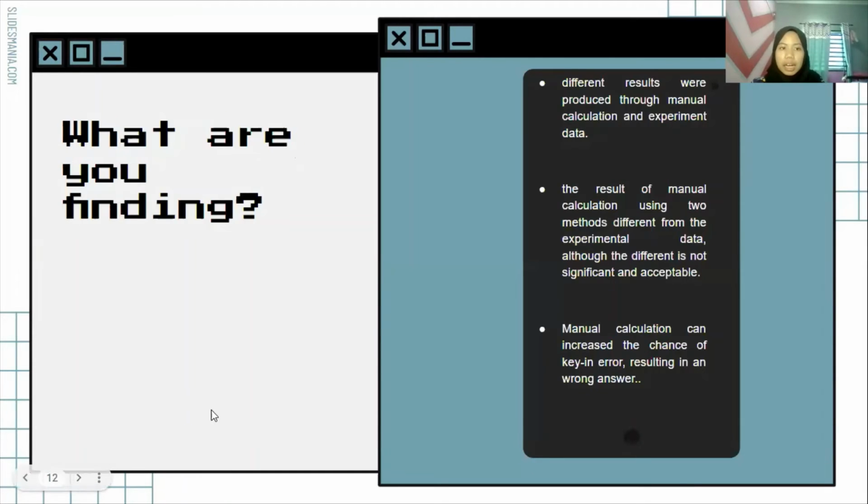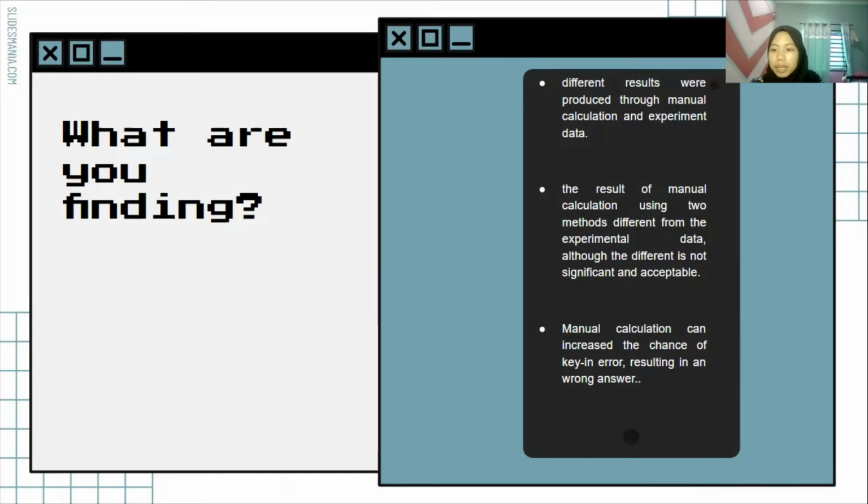What are we finding? After considering all of the results, we can conclude that different results were produced through manual calculation and experiment data. Furthermore, we can see the calculations using the two methods differ from the experiment data, although slightly, and we can accept the data.